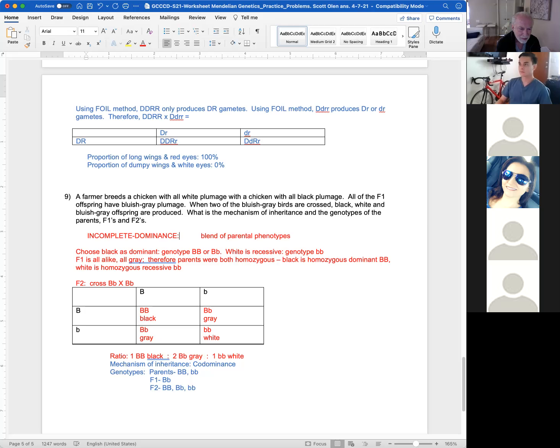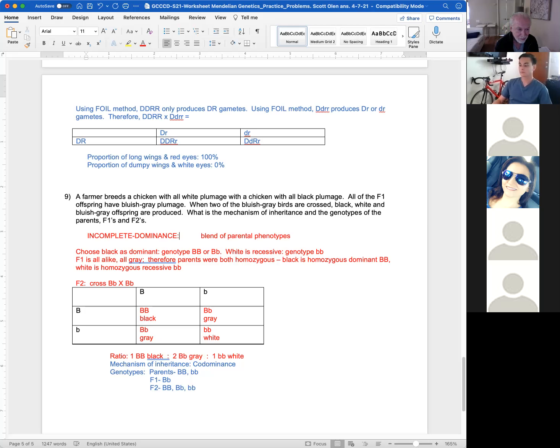There's no dominant or recessive of one of the trait. That's incorrect. There is a dominant and there is a recessive. It's just that in incomplete dominance, instead of the dominant allele completely masking the recessive allele, they come to a sort of midpoint. They come to a kind of an agreement in the middle, which is why it comes out gray.